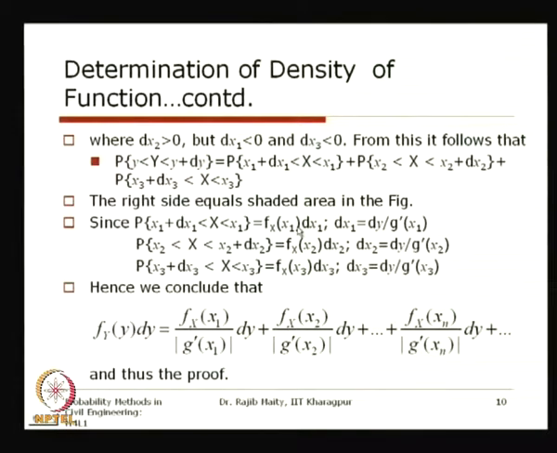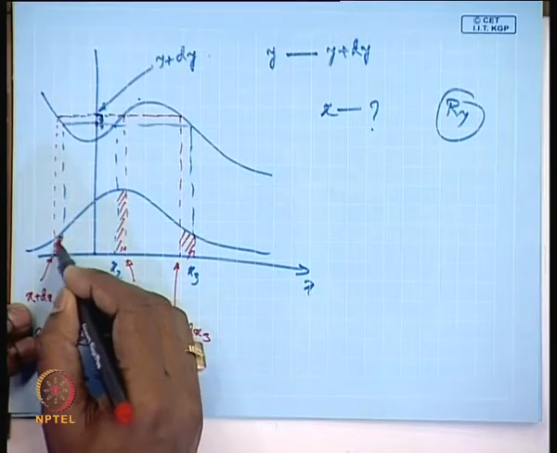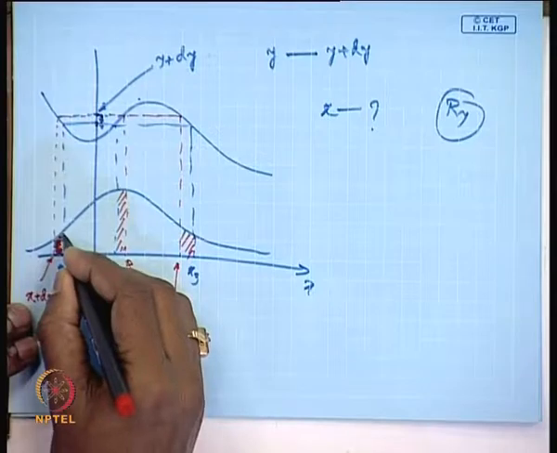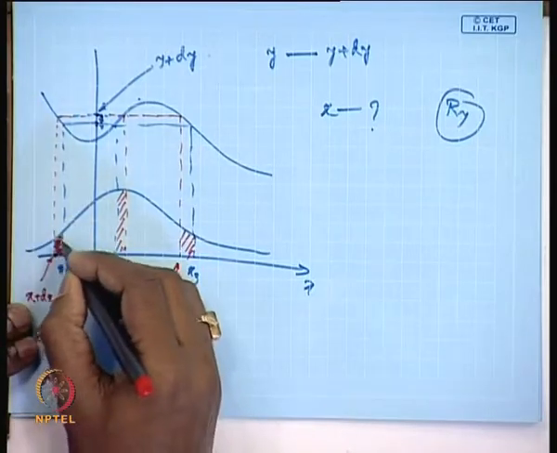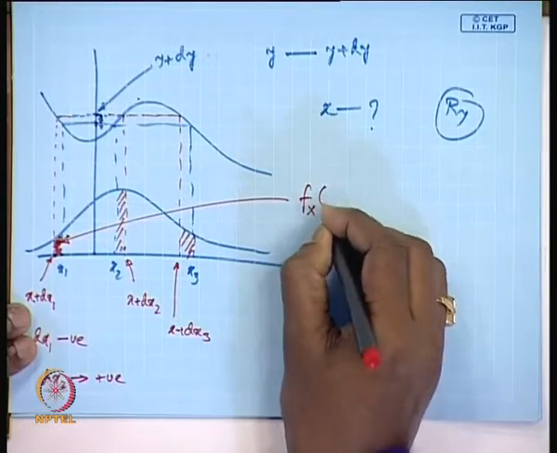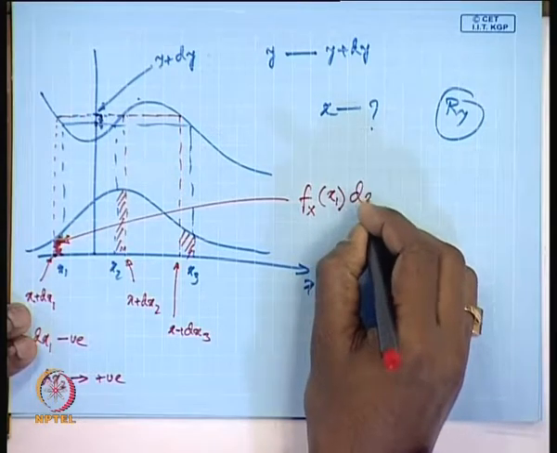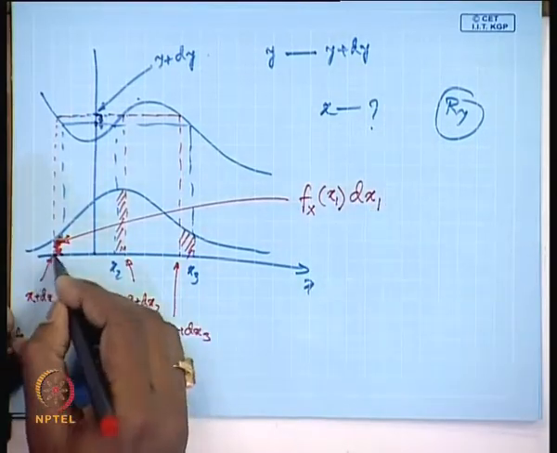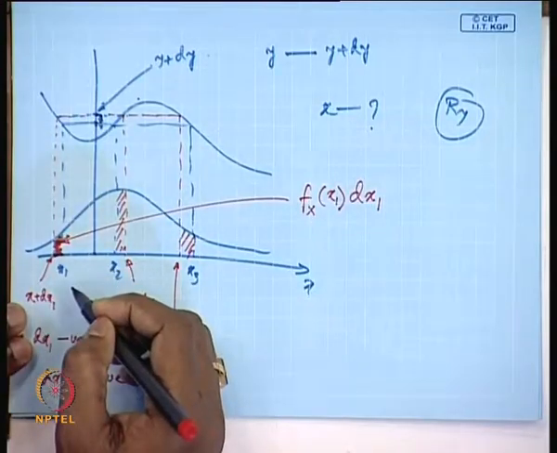So if you just refer to this one, this area we are talking about, how do we calculate it? We have to see its height multiplied by this infinitesimally small width. That is f_X, the value of this function at the point x1, multiplied by dx1. So dx1 is this small length, and this is basically giving you this area.